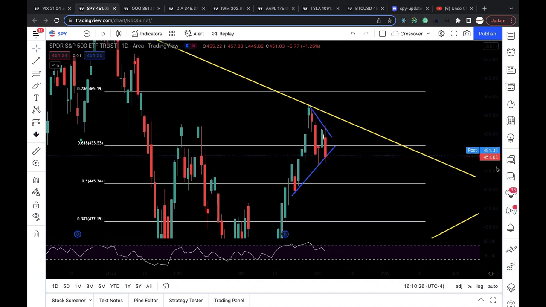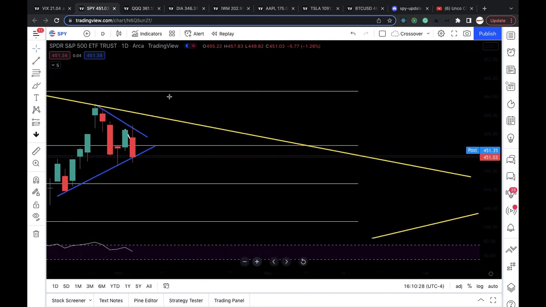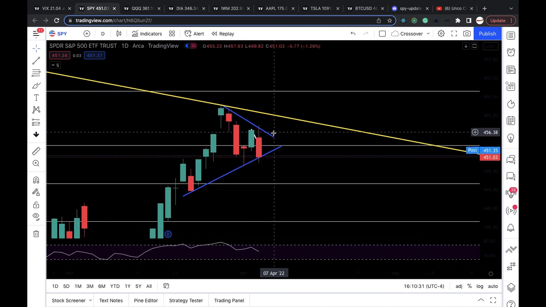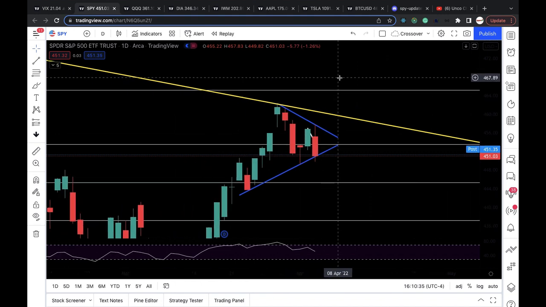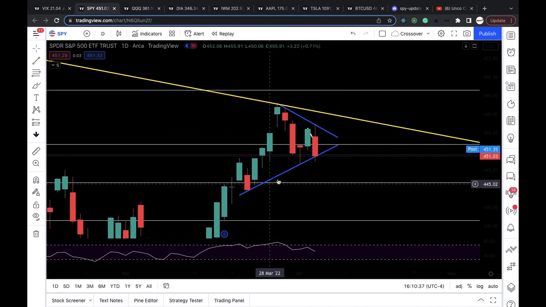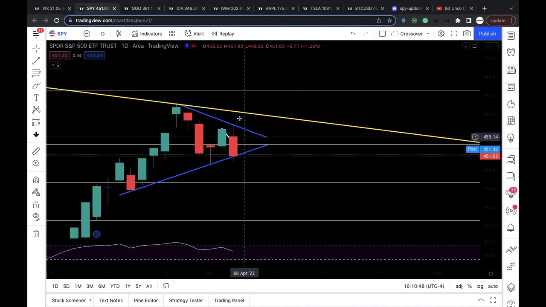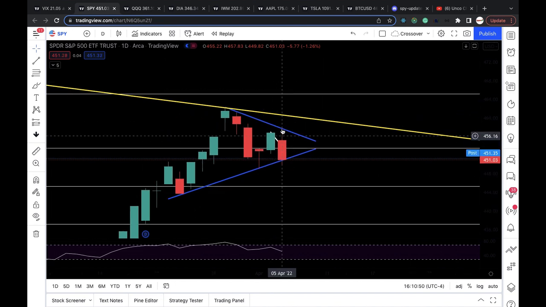That is the resistance line of that triangle pattern. Let me make it look neater. There you go. Of course, the triangle pattern has the support line starting from the low of March 23rd, connecting to the low of April 1st, and now today as well. So this candle hit both the resistance and the support level of this triangle pattern. As you can see, it's starting to get tight. So that's what I'm watching for now.